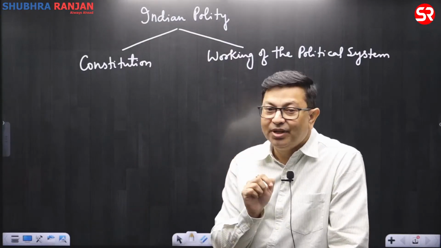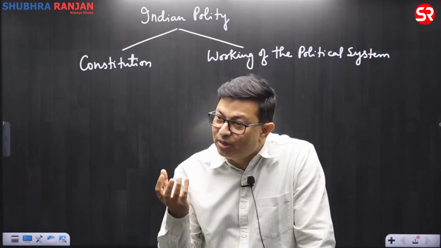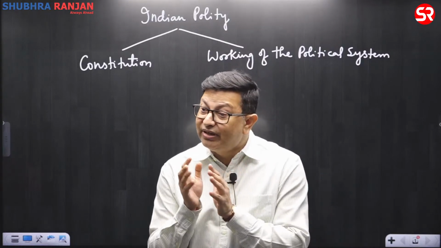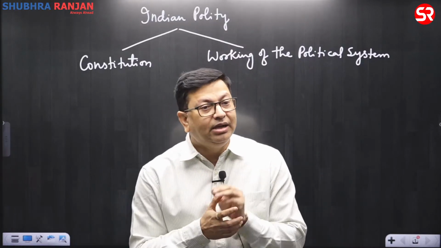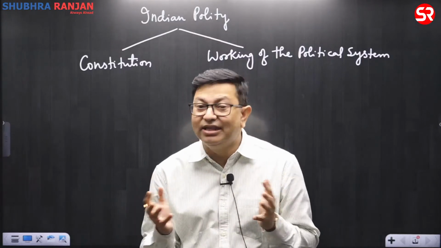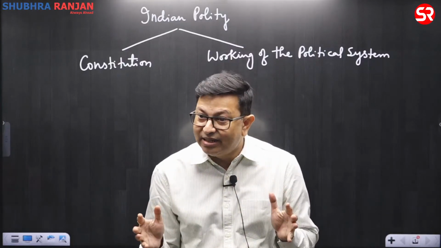Then when we talk about the word democracy, what is the root of this concept of democracy? Then what are the different meanings of democracy? Democracy as a form of government, democracy as an ideal in the society, then democracy as a political system.